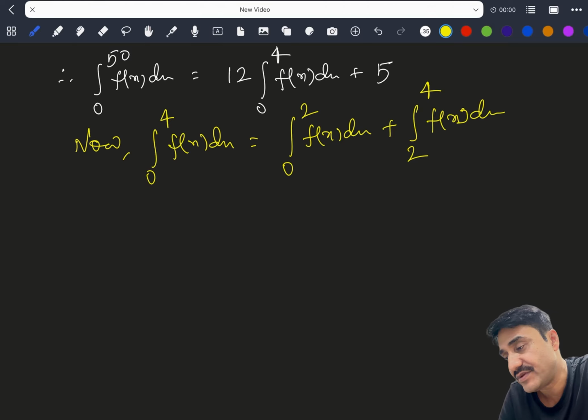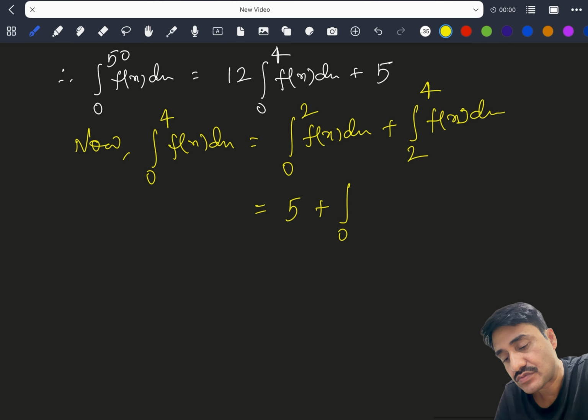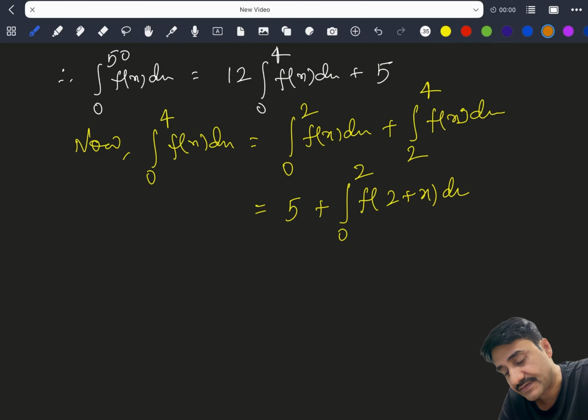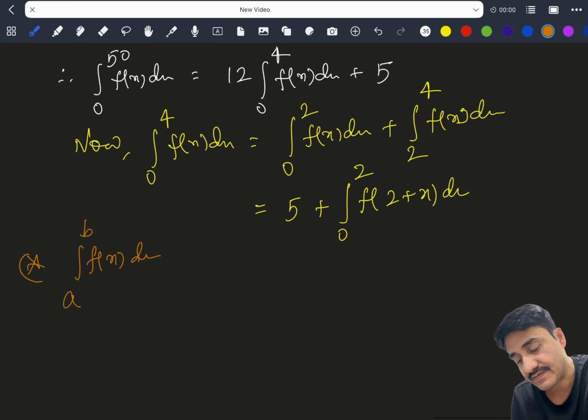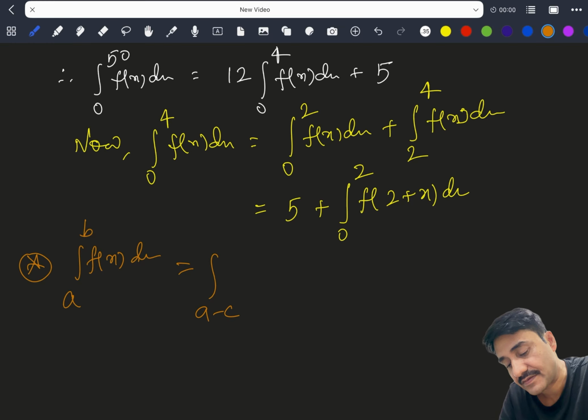Now this can be written as 5 plus 2 to 4 f(x) dx. 2 to 4 f(x) dx we can write as integration 0 to 2 f(x plus 2). Here we subtracted 2, so here we have to add 2. There is one more property, integration a to b f(x) dx can be written as a minus c to b minus c f(c plus x) dx.